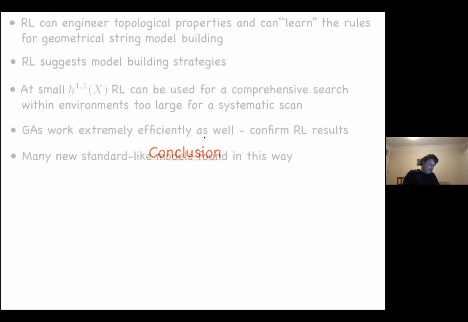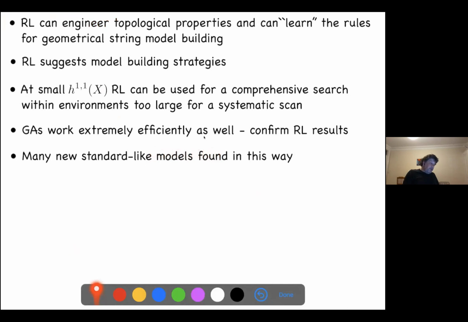So let me conclude. Reinforcement learning can be used to engineer topological properties, and it can learn the rules for geometrical string model building. If you look carefully at the trained networks, it can suggest strategies for model building. At least at small Picard number, we can use RL for comprehensive searches of very large environments.